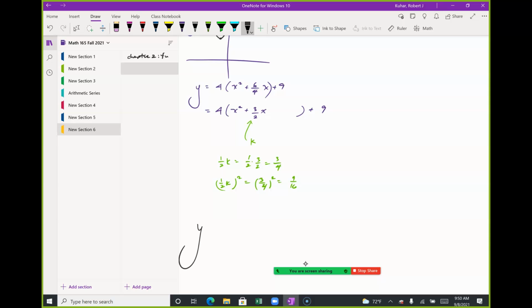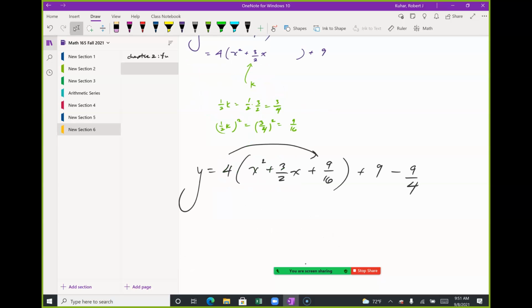So I've got y equals 4 times x squared plus 3/2 x plus 9/16, plus 9. But this 9/16 is really 9/4, so I'm going to subtract 9/4. Do you see why the 9/16 is really 9/4? Yes, once I distribute that 4.